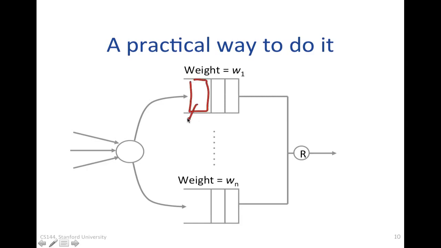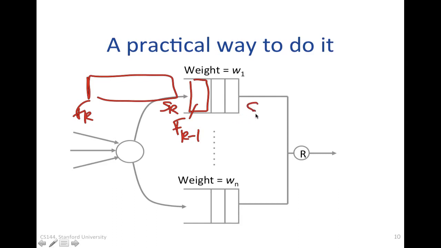So if we're keeping track of the finishing time of this packet in rounds, and we want to know the starting time of this next packet here and its finishing time, we can do the following calculation. So this is the finishing time of the k-1 packet. It's the one that's ahead of it in the queue.